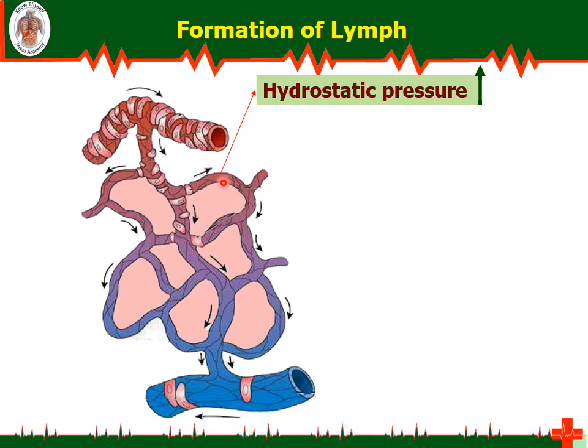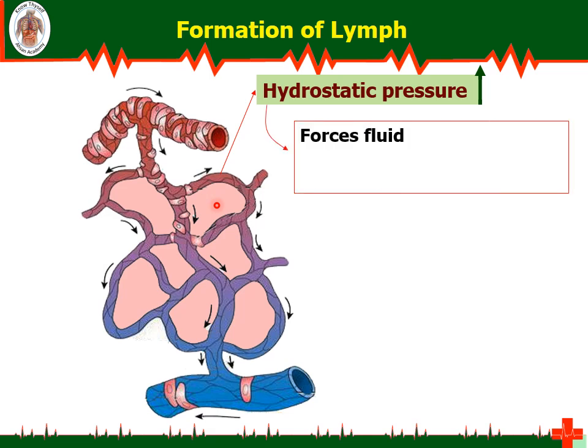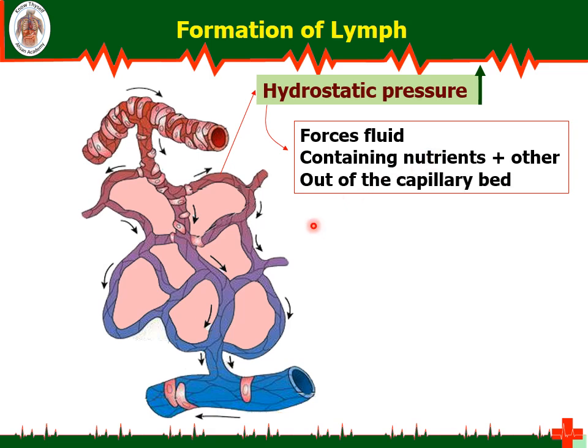The plasma will try to come out, and this fluid pressure gradually reduces. That fluid also carries nutrients and other dissolved and suspended substances to the extracellular space through the wall.